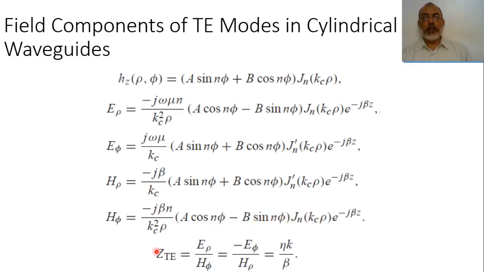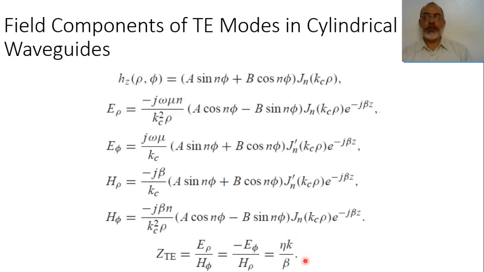And the wave impedance in this case, the TE wave impedance for a cylindrical waveguide, equals E rho over H phi, or minus E phi over H rho, and in both cases it would be omega mu over beta, and omega mu can be replaced by eta k. So it is eta k over beta.